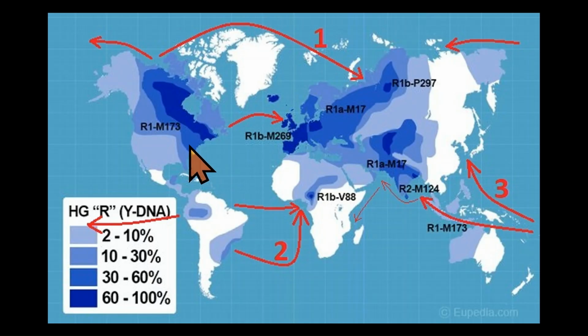But it is much more probable that before they migrated, the R1b was in fact created in cradles in North America, and that the R1b amongst Native Americans, mostly in the eastern part of North America, are descendants from R1 that did not migrate to Western Europe and Western Eurasia.